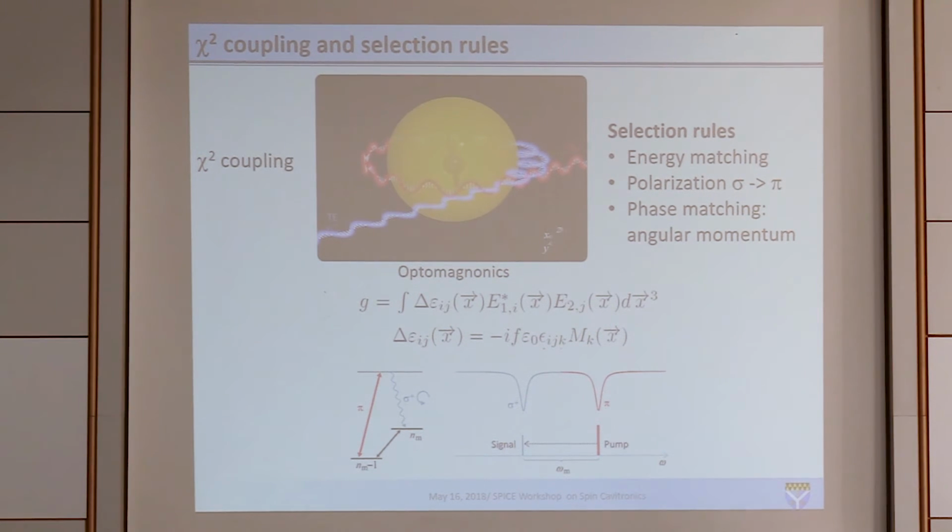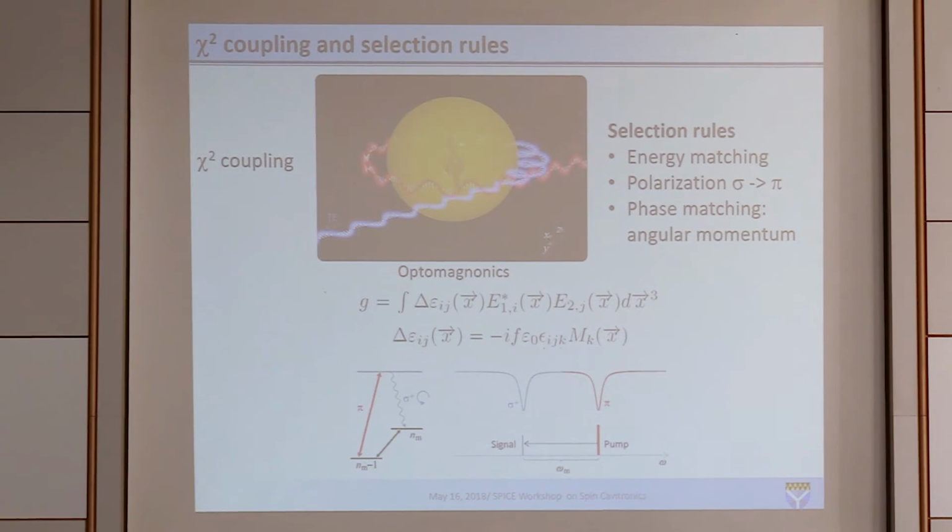And of course, your energy needs to be conserved. So the 3 things need to be satisfied. And that's really dictated by this mode integral, where you have a magnetization-induced susceptibility matching optical mode number 1 and optical mode number 2. There's a magnon mode coming in here. The non-reciprocity comes from this term over here.